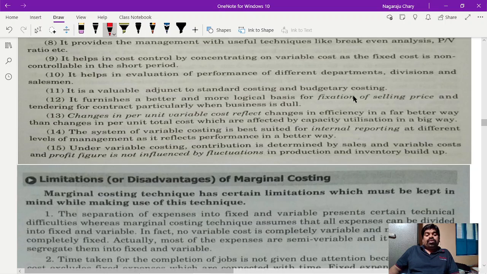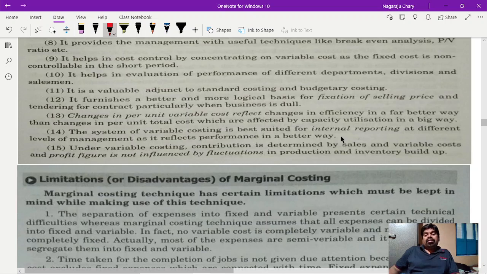So marginal costing is a decision making tool, like standard costing and budgetary control. Budgetary control means for the future the financial plan will be developed. In production point of view, sales point of view, materials point of view, labor point of view, cash point of view, like that we prepare budgets. Then we can control.